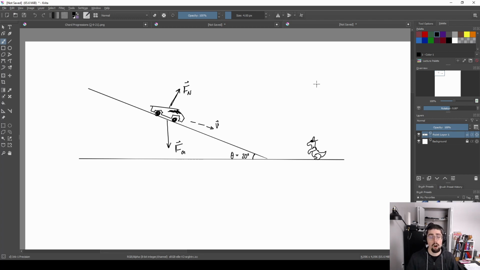That is, the brake force always points against your velocity. So when we slam on the brakes, I expect that the force from the brakes points in this direction, against my current velocity. That's another reason that I like to include that velocity, because it gives me a sense of direction for things related to the velocity. So these are the three big forces that I might consider here.